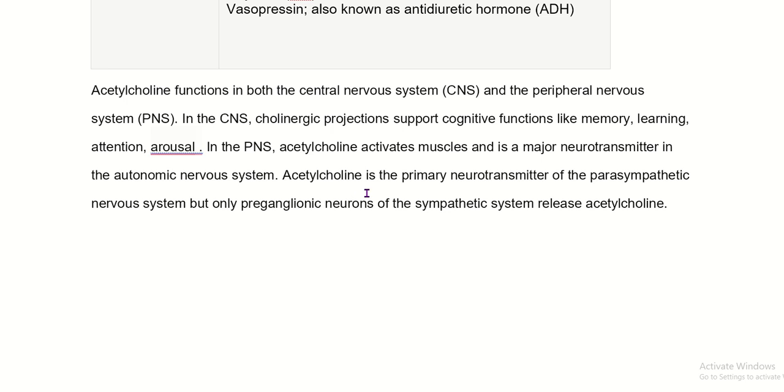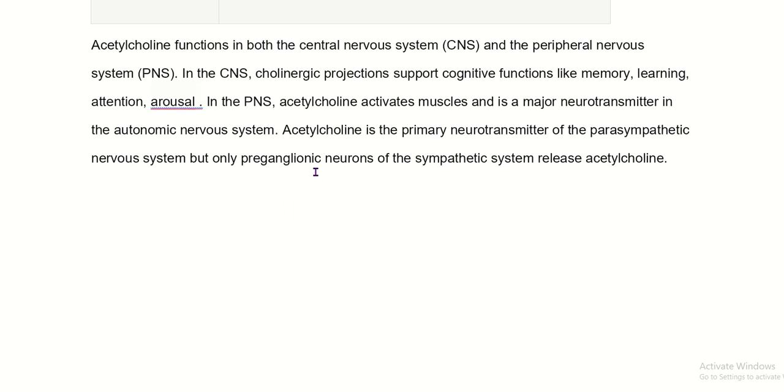All preganglionic neurons of the autonomic nervous system secrete acetylcholine, and parasympathetic postganglionic neurons also secrete acetylcholine. So the whole parasympathetic system and preganglionic neurons of the sympathetic system release acetylcholine.